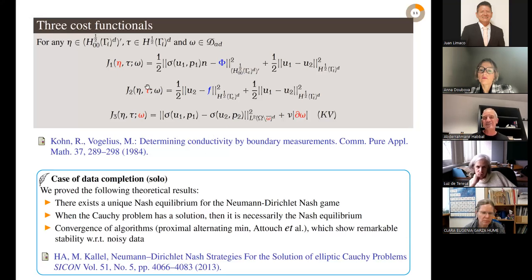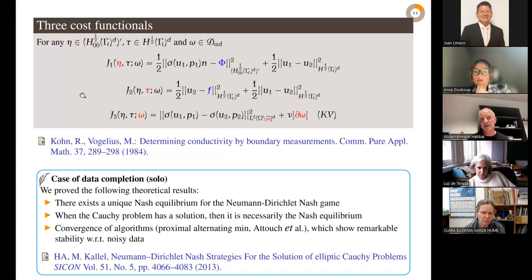So what happens in the linear case, but with a strongly non-linear cost function? Because here you can easily see that G1 and G2 are quadratic with respect to eta and tau. Quadratic and convex, and we are in very good settings to have existence and uniqueness of Nash equilibrium.